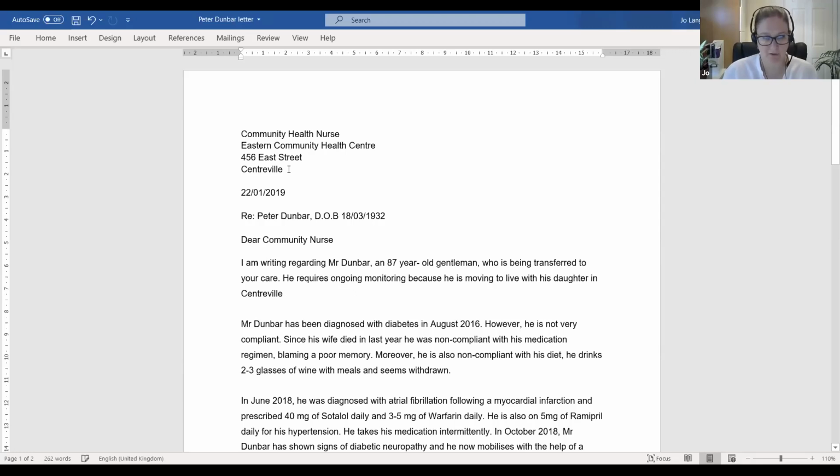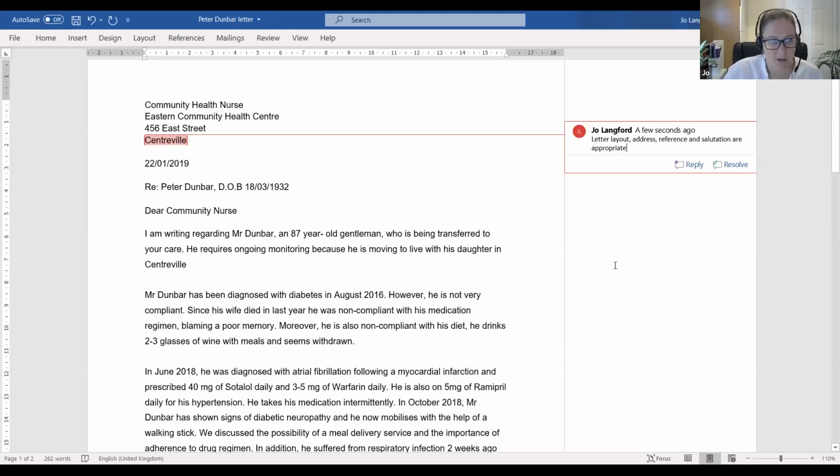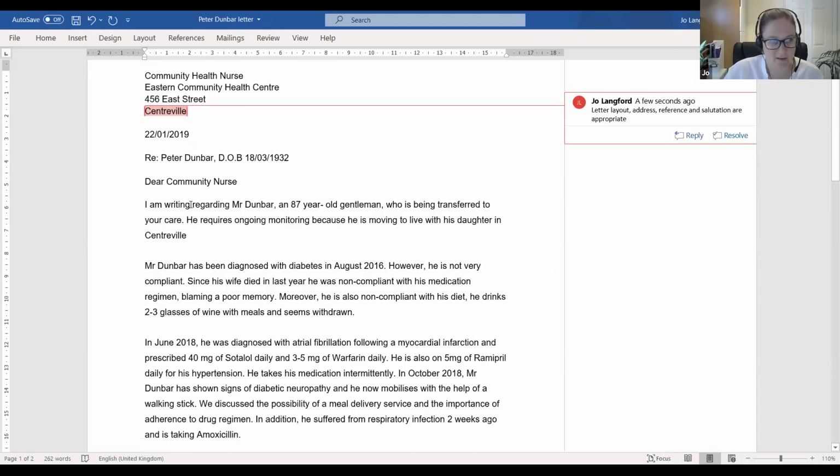So I'd like to write a note there: letter layout, address, reference, and salutation are appropriate. Yeah, "Dear Community Nurse" is the right way to start the letter. We don't have their name, so we use their job title. Okay, let's look at the first paragraph, which should give us a clear idea of the purpose of the letter.